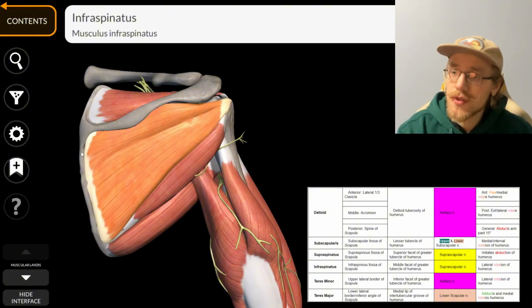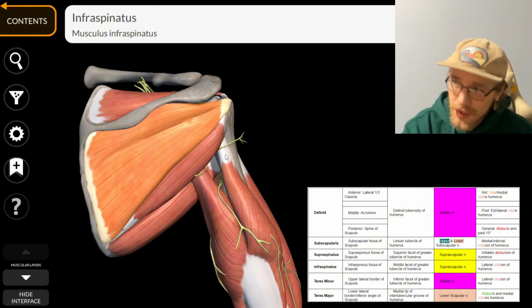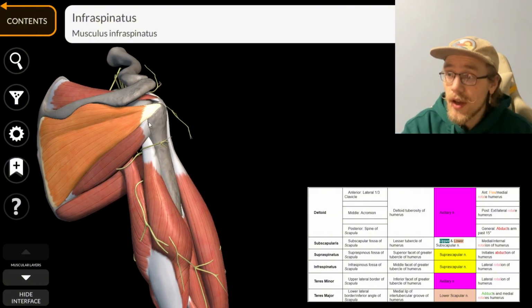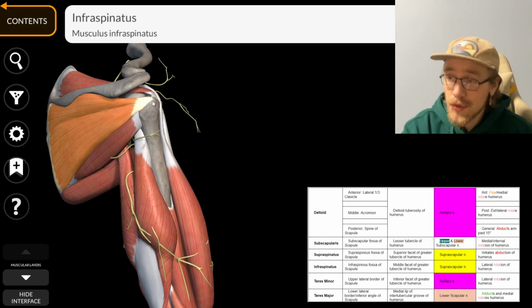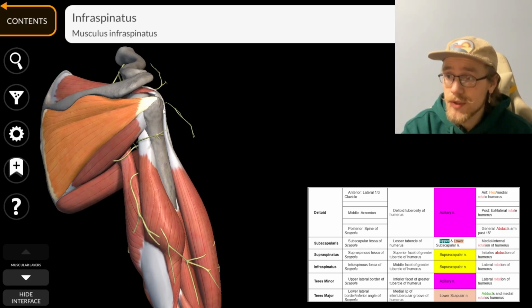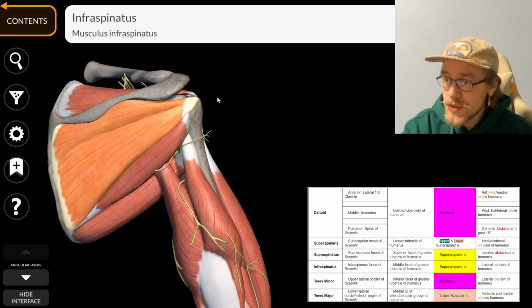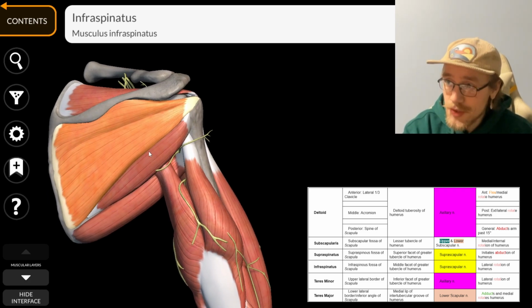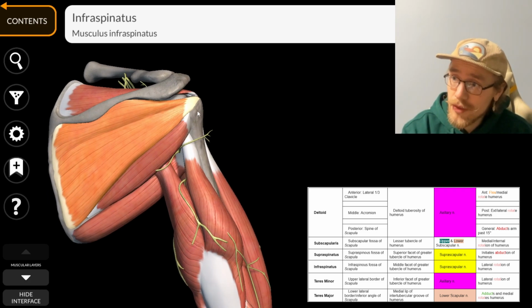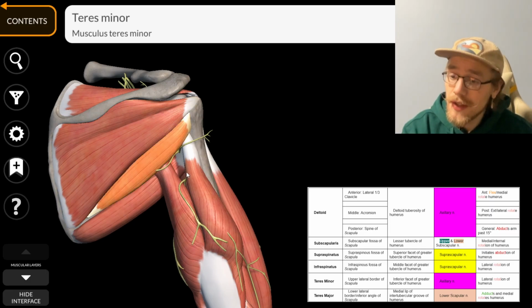Its origin is also the medial border of the scapula, but it's going to the middle tubercle, the middle facet of the greater tubercle of the humerus. It's going to do lateral rotation of the humerus. The last thing we have going to this greater tubercle here is going to be the teres minor.